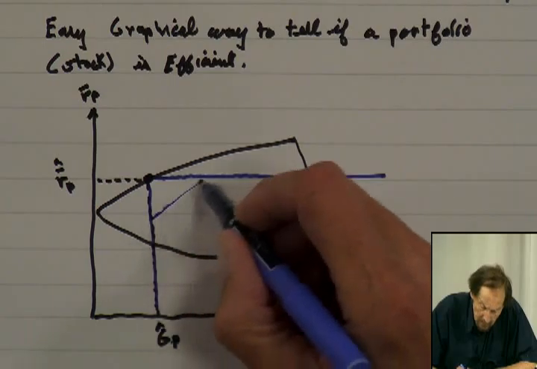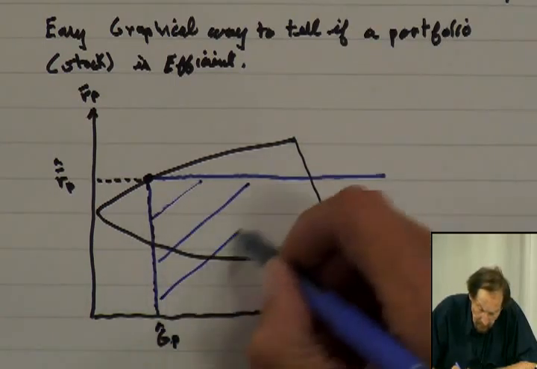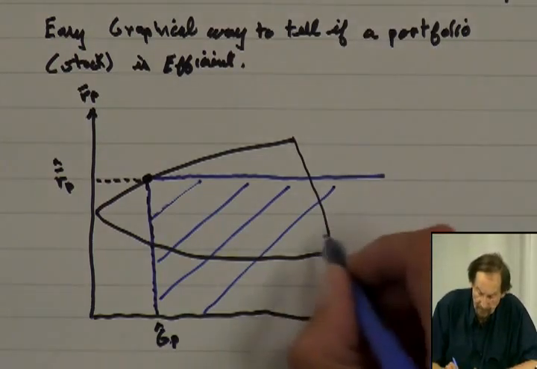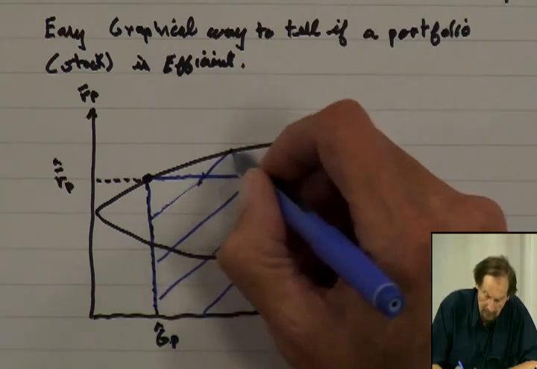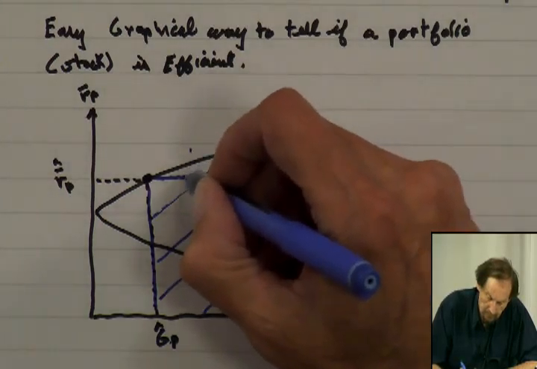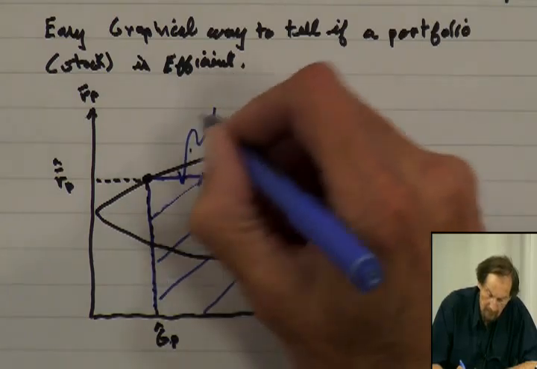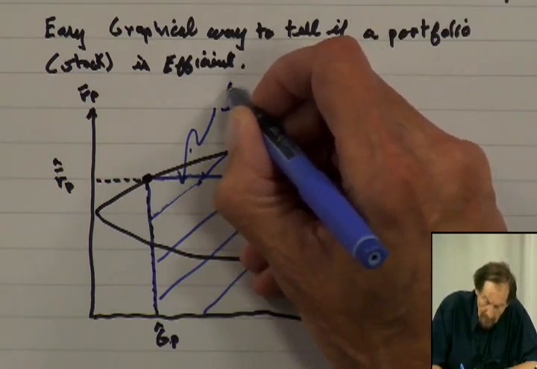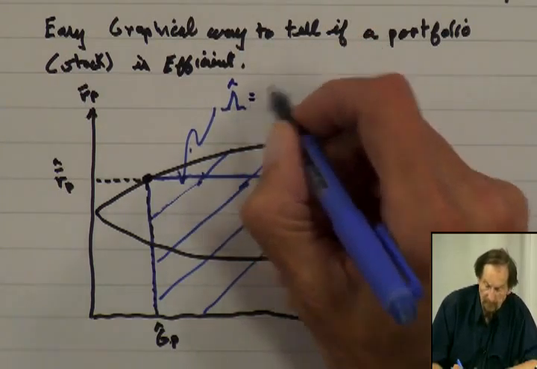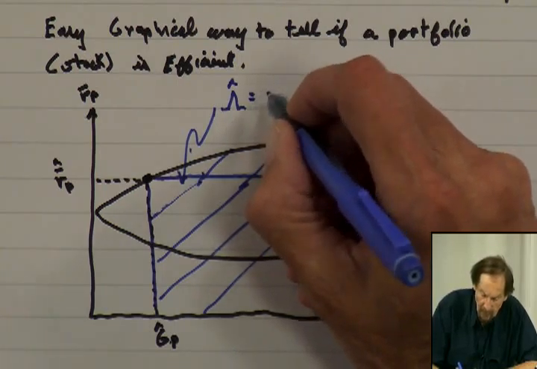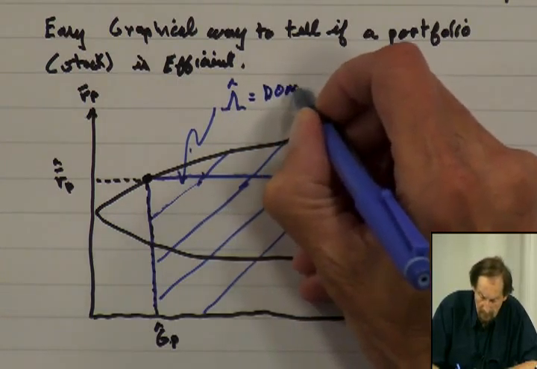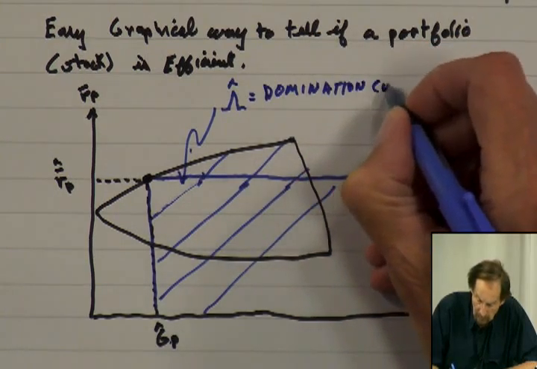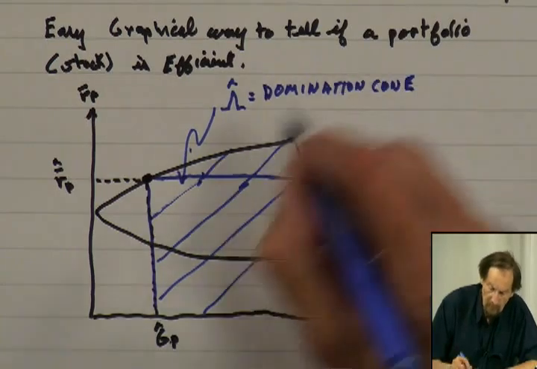So let's call this the following. We're going to call this lambda hat, the so-called domination cone. So what does that equal?